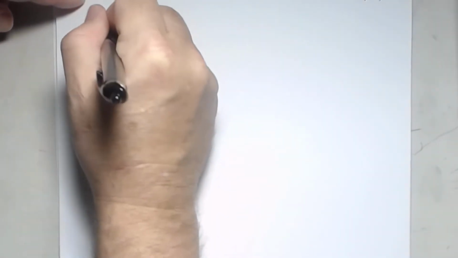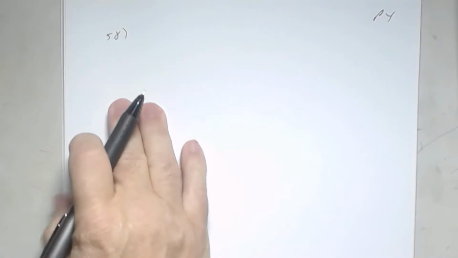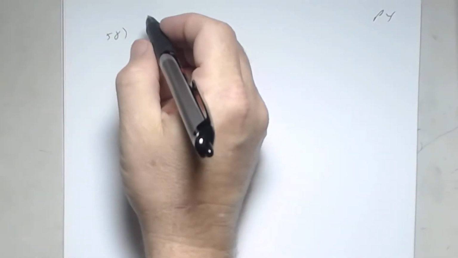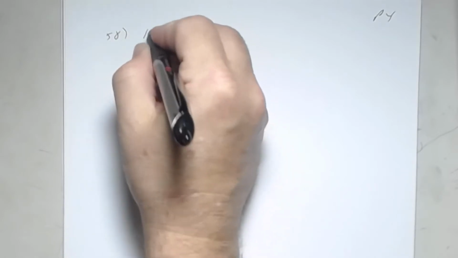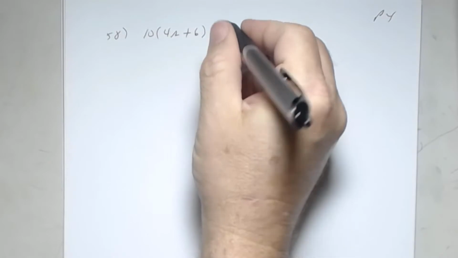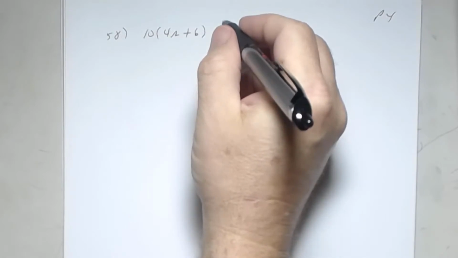Let's look at 58. All right, 58, you have 10 times 4s plus 6, and then you're subtracting 40.